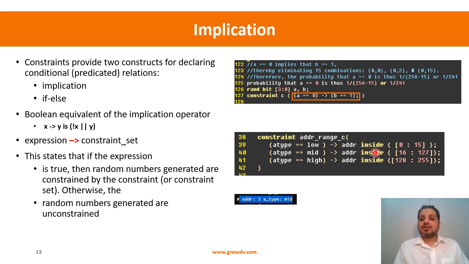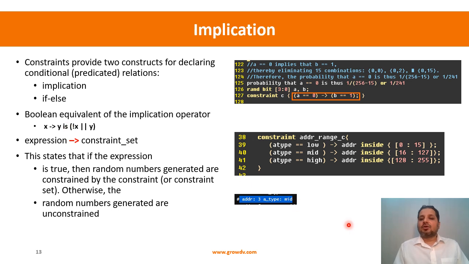With this constraint, if I randomize the class, this is one of the values it has taken. The address is 3 and A type is mid. This is possible, because ultimately it has to satisfy this particular expression.